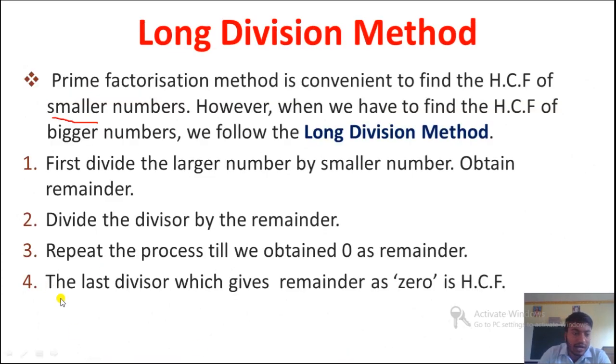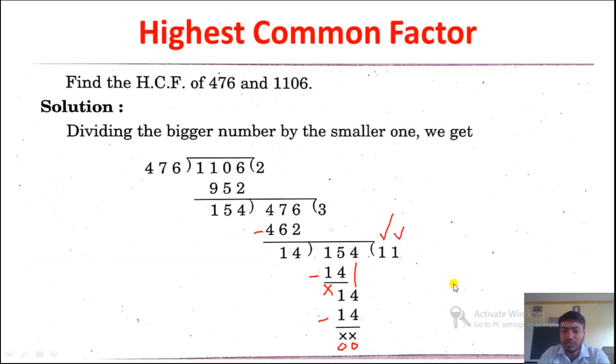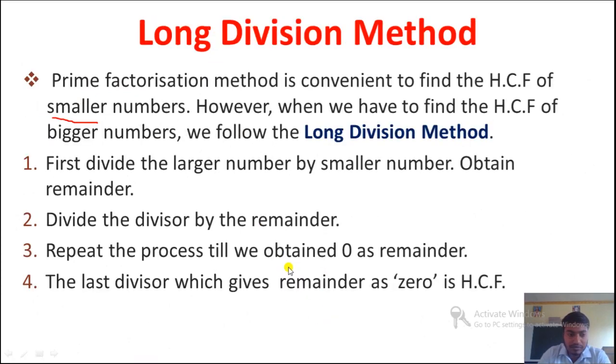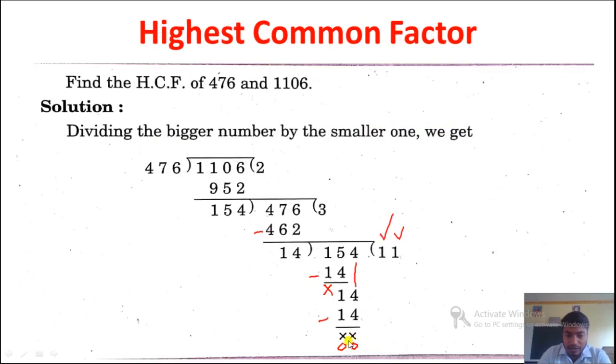Now according to the last step, the last divisor which gives remainder 0 is the HCF. Which divisor is giving the remainder 0? Here you can see this is 14. This is the divisor which is giving us the remainder 0.